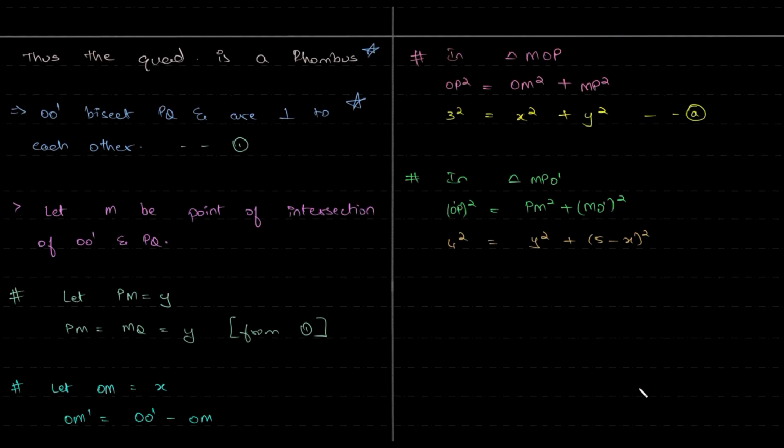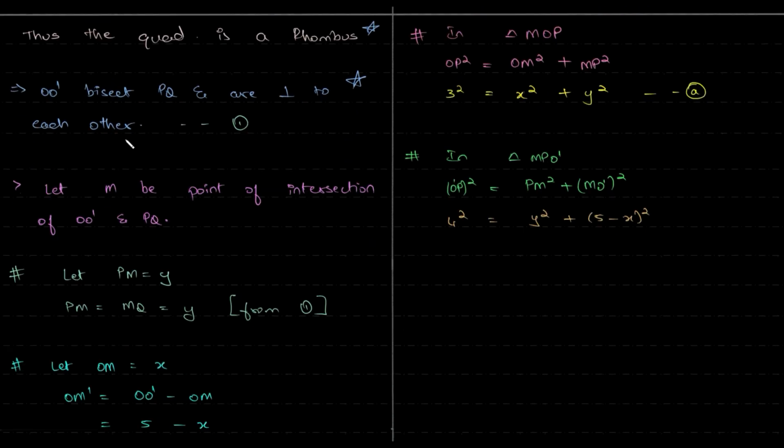Okay, again all of the reasoning is written, so you just have to go with the flow. And here we are going to make use of the formula a minus b the whole square. So this is 16 is equal to y square plus 25 plus x square minus 10x.